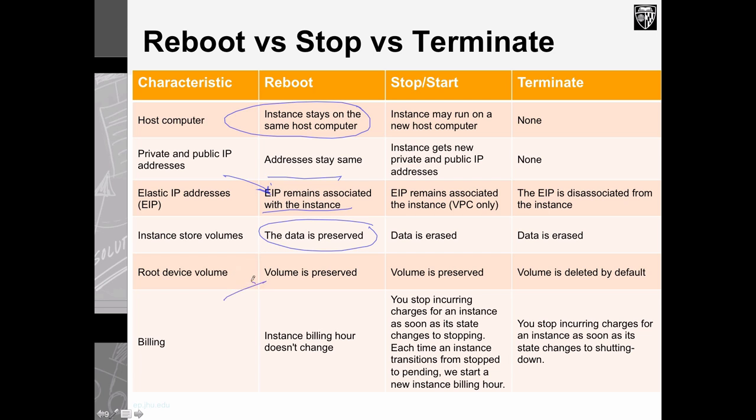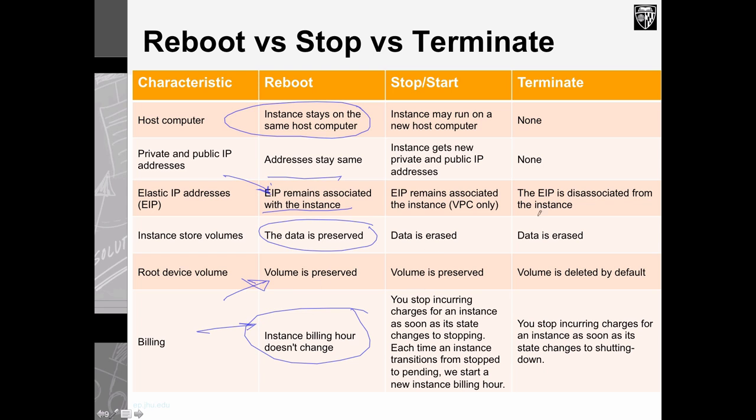If you're using any kind of EBS volume, obviously that data is preserved. And the instance billing rate doesn't change, because you're just coming back immediately. So the billing is as if nothing happened.